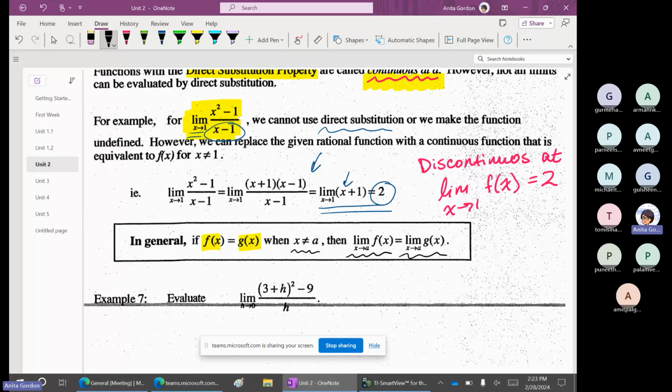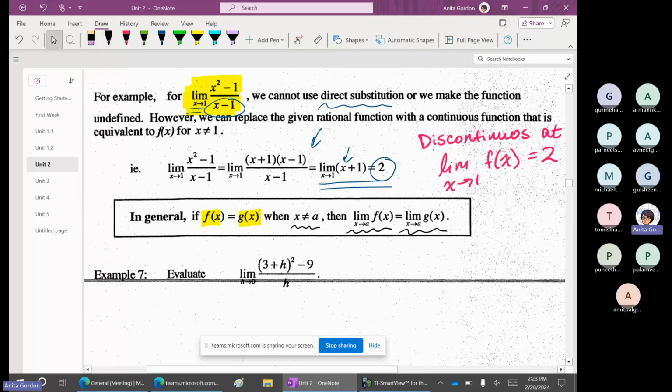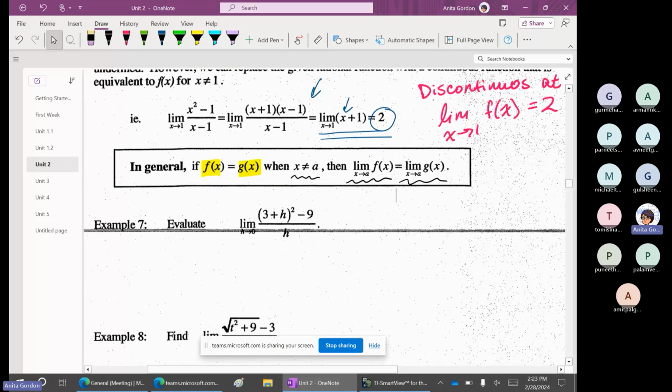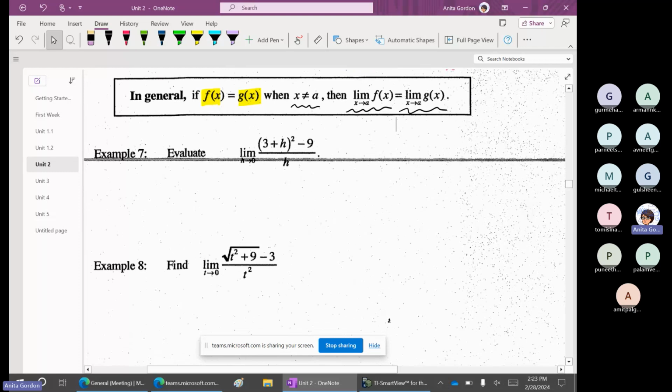Meaning, if we have a rational function and we call the top f and the bottom g, we make x not equal to a, but it approaches a. If the functions are equivalent, their limits will also be equivalent. Okay, next example.